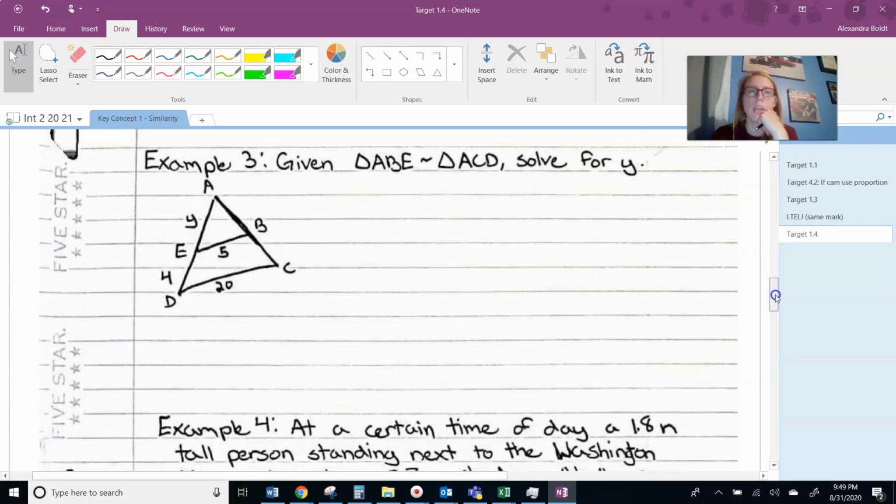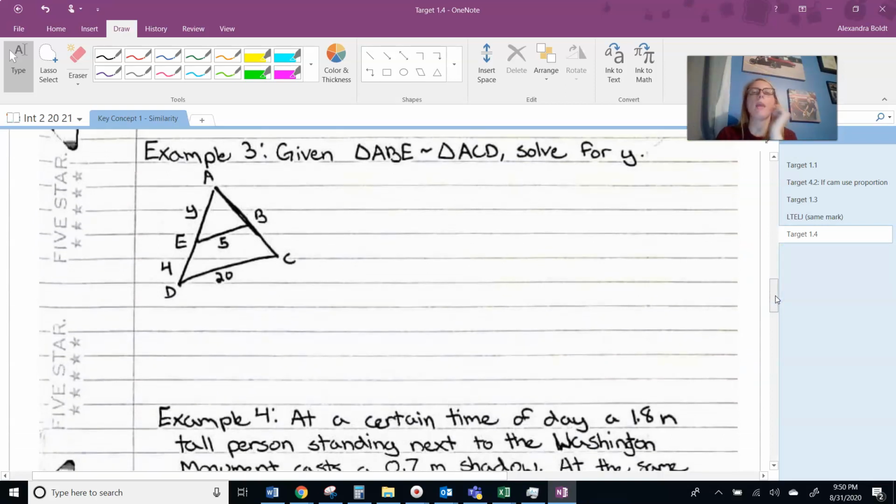Example 3. Example 3 is given triangle ABE is similar to triangle ACD. Solve for y. Okay, so when you have this, what we really have is one triangle on top of or inside of the other. So let's look. The first triangle we have is ABE.